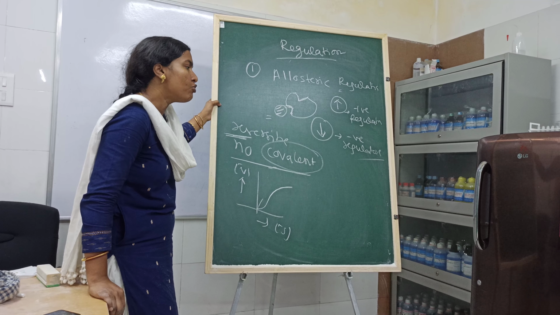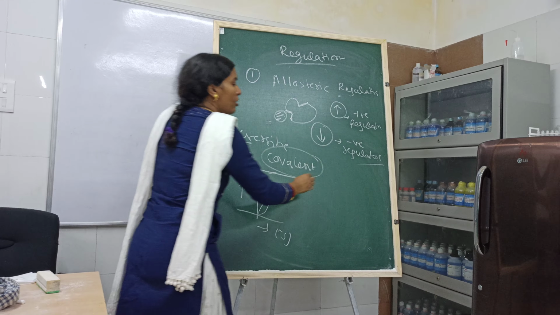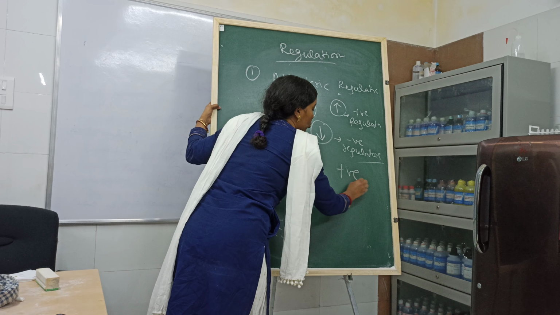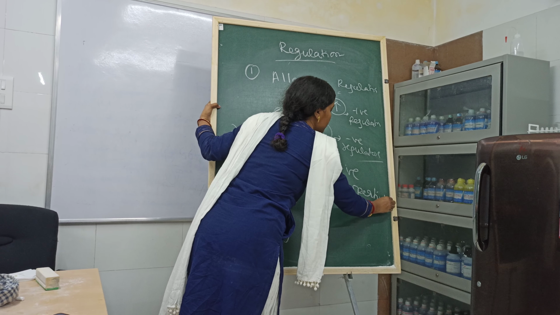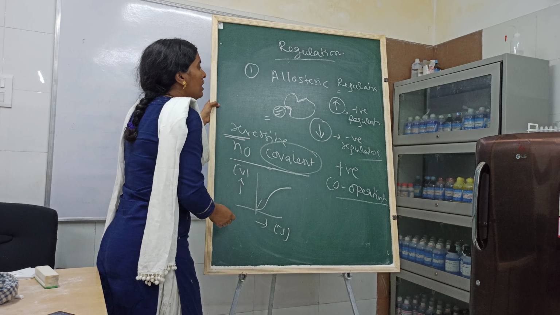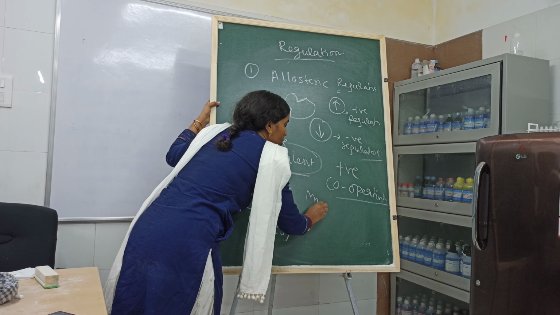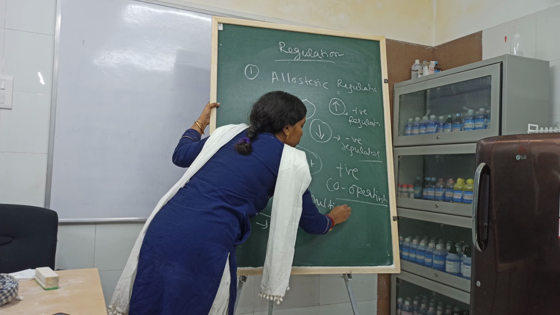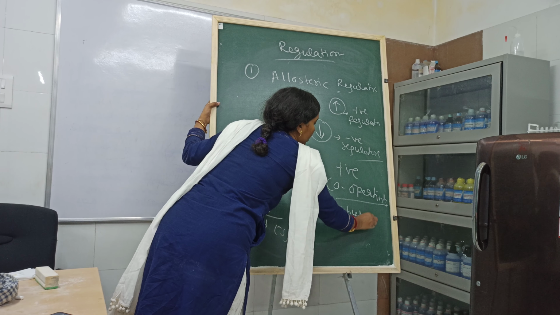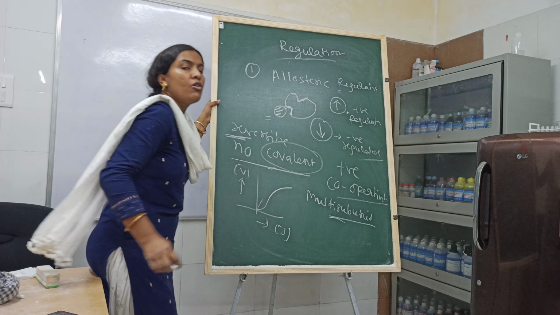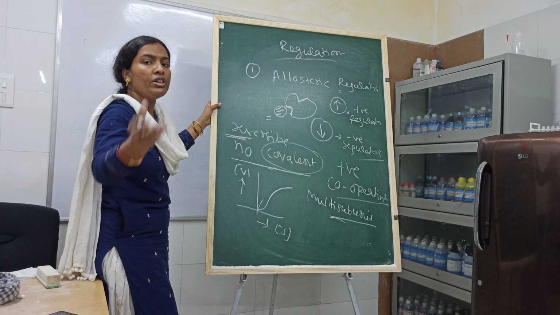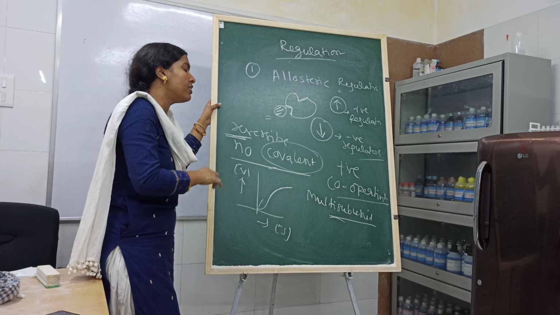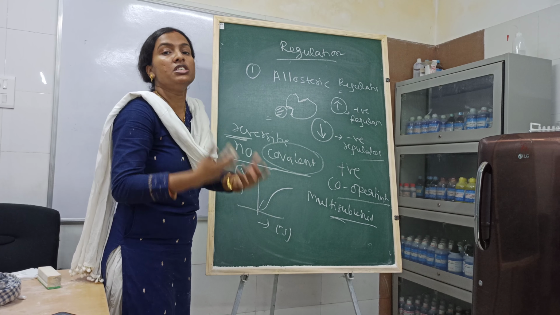They show a specific property called positive cooperativity. So what is positive cooperativity? As I have already told, these enzymes are multi-subunit. Binding of one subunit to the enzyme causes a conformational change of the whole enzyme, so when the next one comes to bind with the subunit, it is much easier.